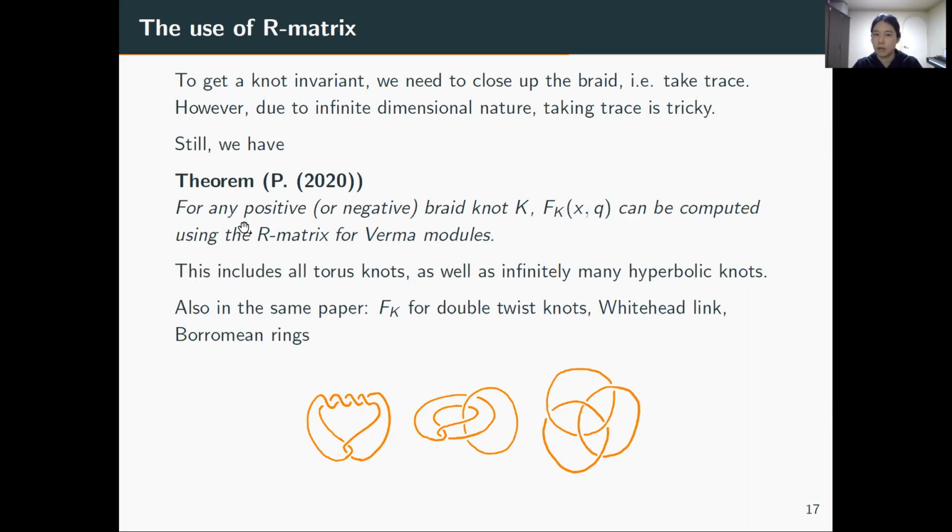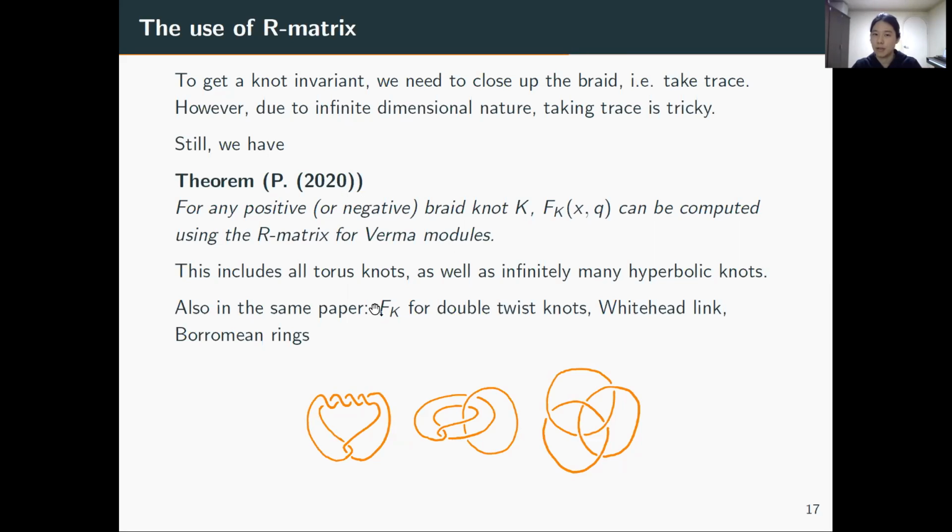Positive braid knots and negative braid knots include all torus knots as well as infinitely many hyperbolic knots. So it gives us a huge amount of examples for which we can compute FK.